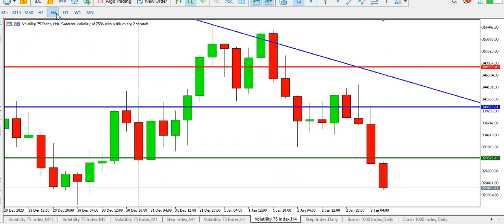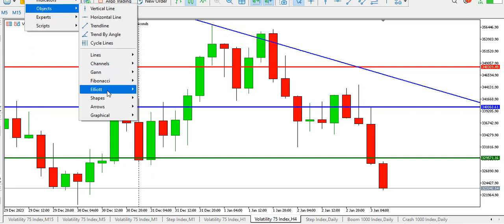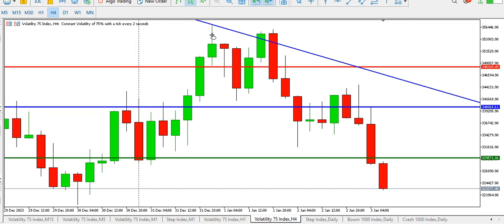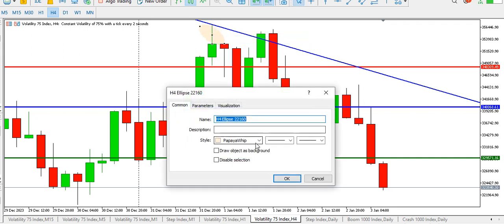On the 4-hour time frame, we can see more like a head and shoulders pattern. This is the left shoulder. We have a left shoulder around here. Let me change the color of this to something like this.